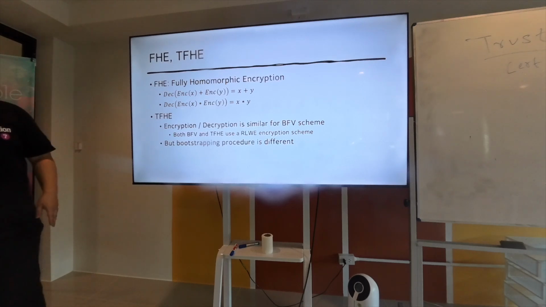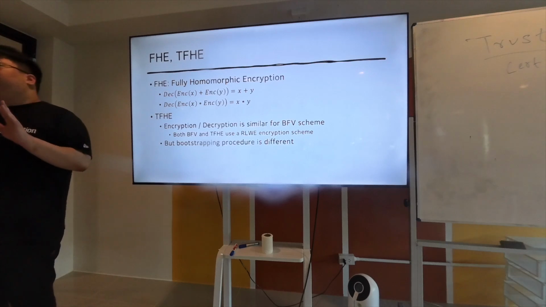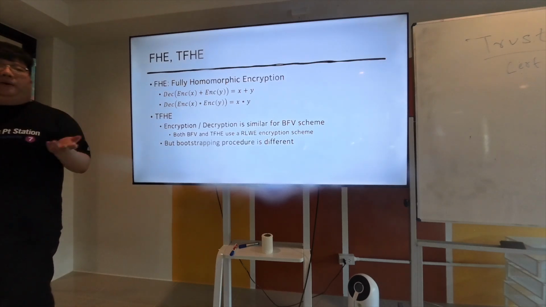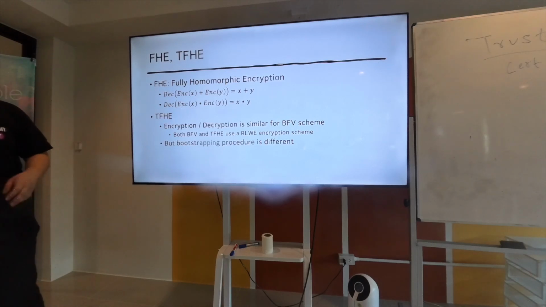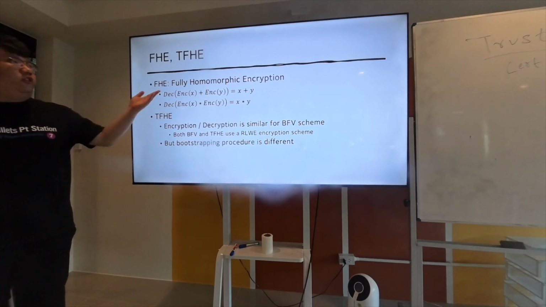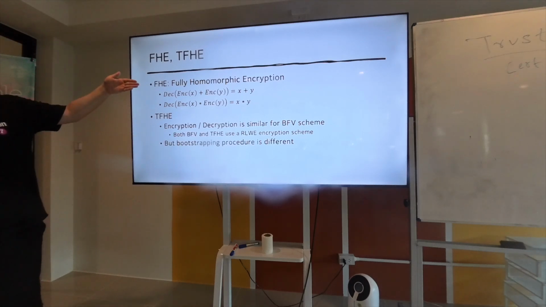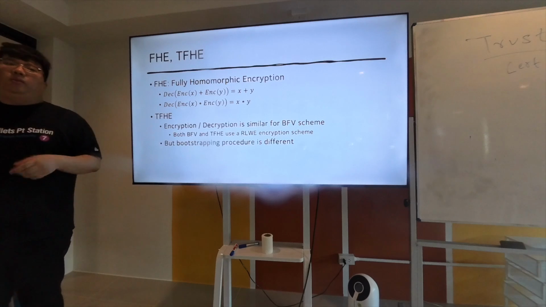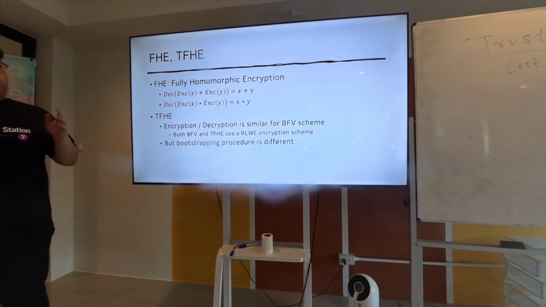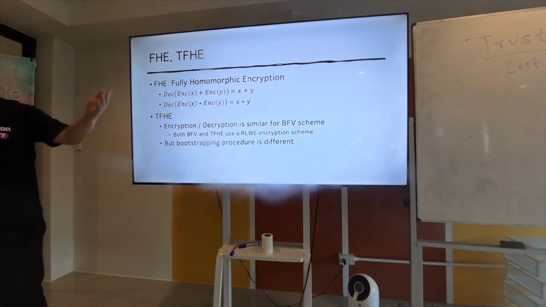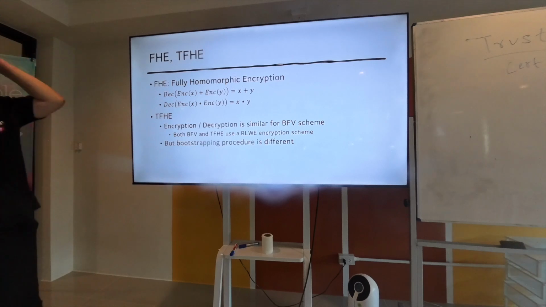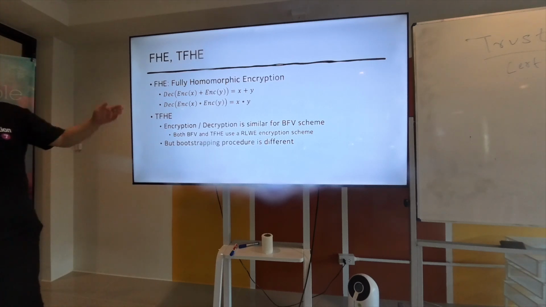If the noise grows, we cannot guarantee correct operation, so we should do an operation like bootstrapping. With bootstrapping, we can add the word fully. In FHE, almost infinite numbers of operations are allowed, but in somewhat homomorphic encryption, only limited operations are supported. So fully homomorphic encryption means this.